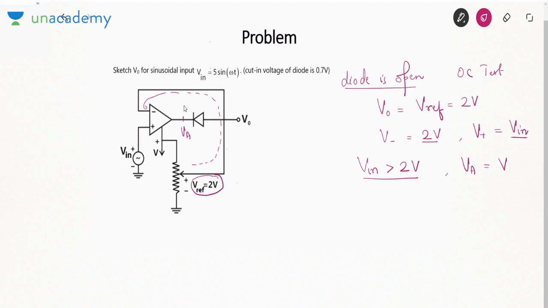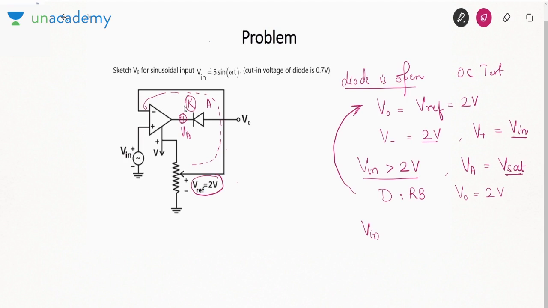Va will be Vsat. This is the cathode terminal. If cathode terminal is connected to positive voltage, in that case diode is reverse bias. So that means our hypothesis is correct. So when Vin is greater than 2 volt, V0 will be 2 volt.